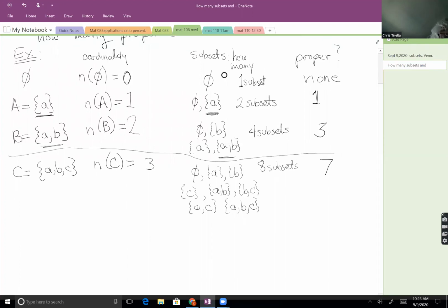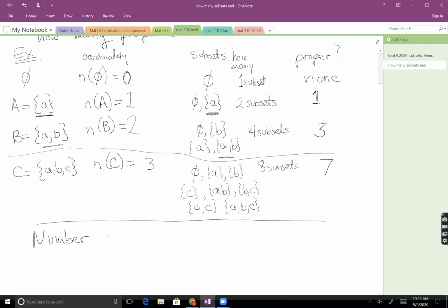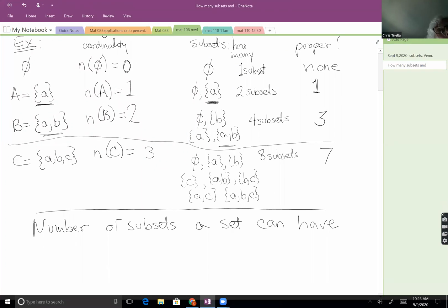And so if I look for the formula for the number of subsets a set can have, are we all okay with the idea that since it doubled, it has to somehow involve the number 2?